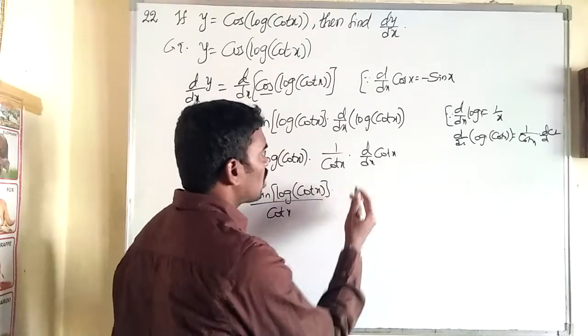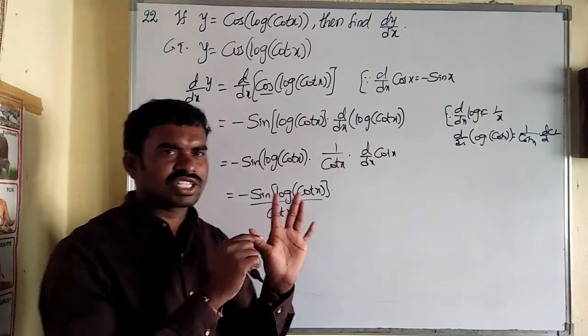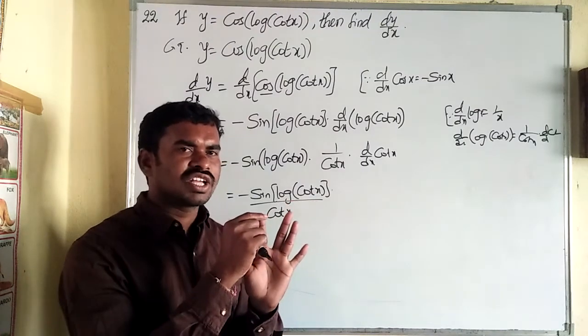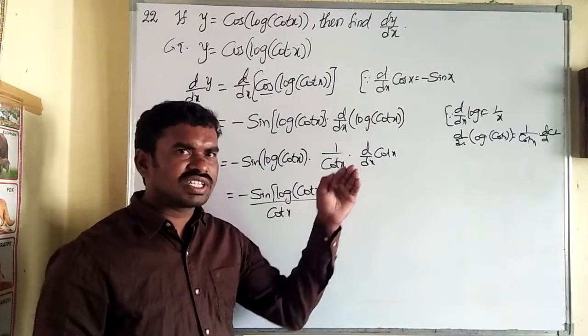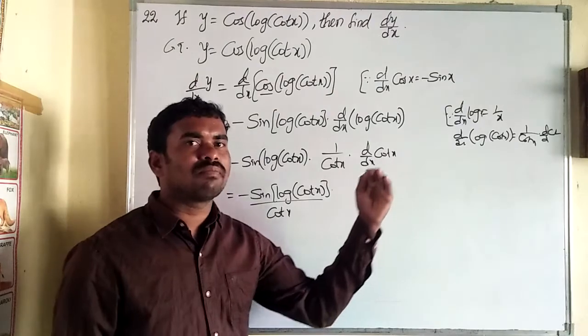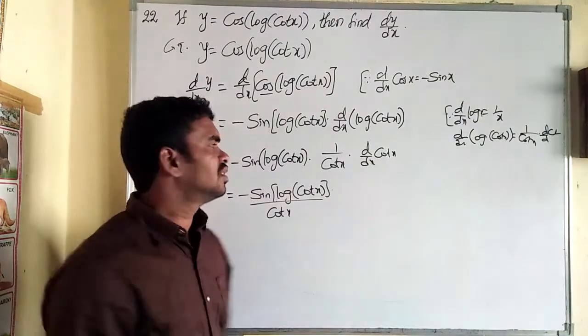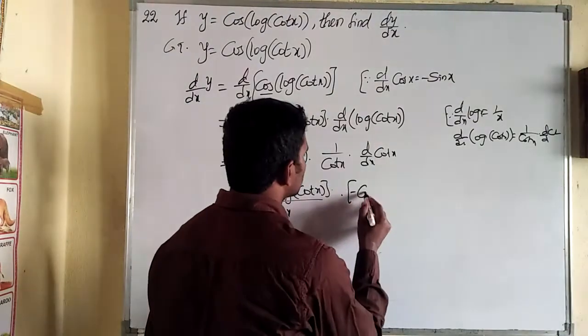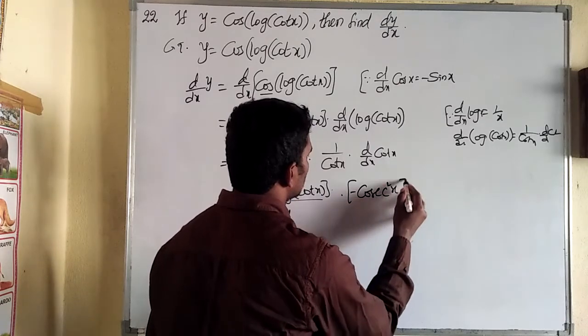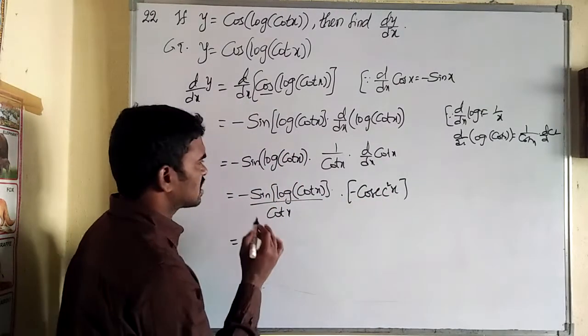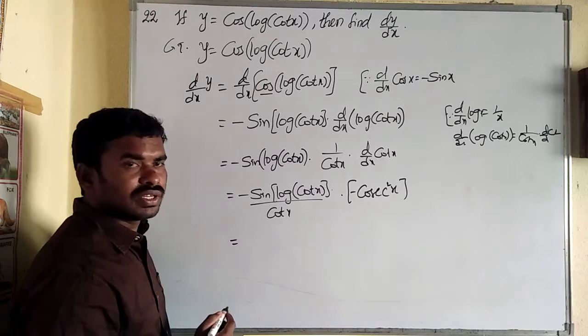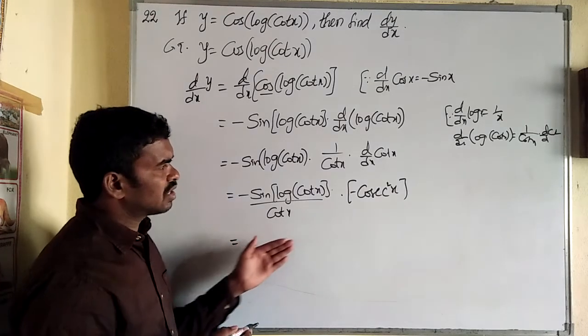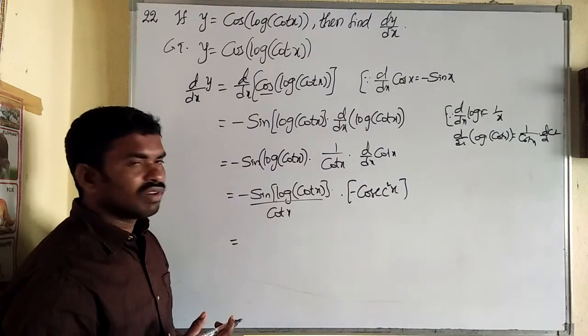What is d by dx of cot x? Derivative of sin x is cos x, cos x derivative is minus sin x, tan x derivative is secant square, cot x derivative is minus cosecant square x. So into minus cosecant square x. See, minus into minus becomes plus. Cot x means cos by sin, cosecant means 1 by sin.